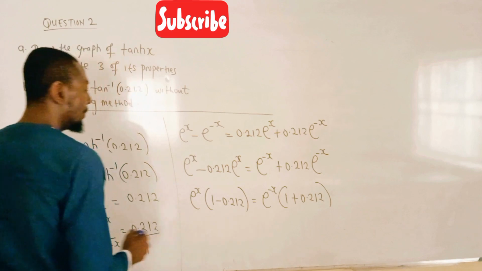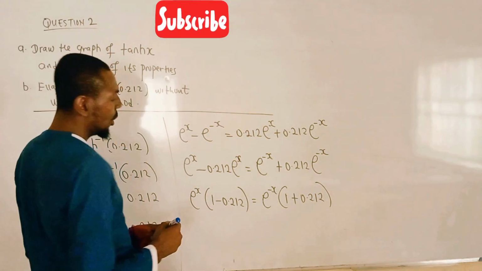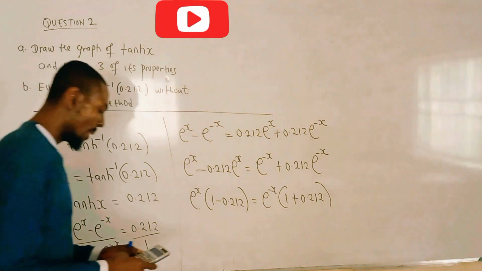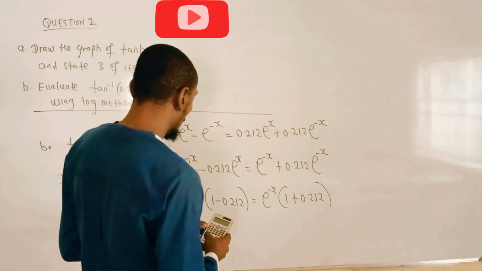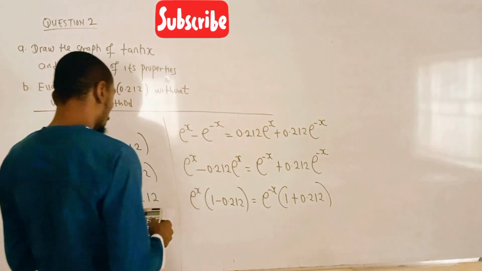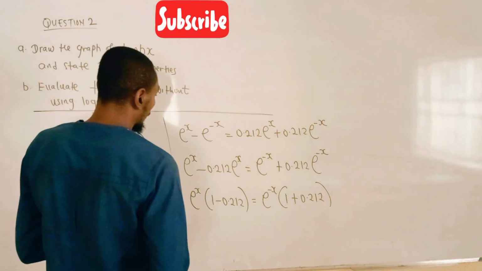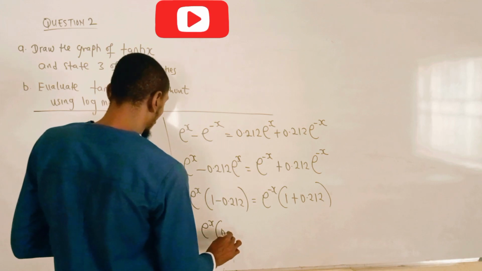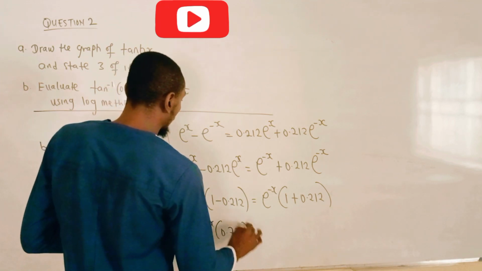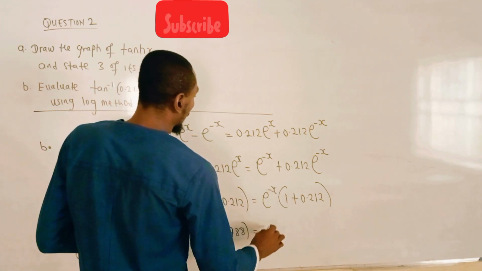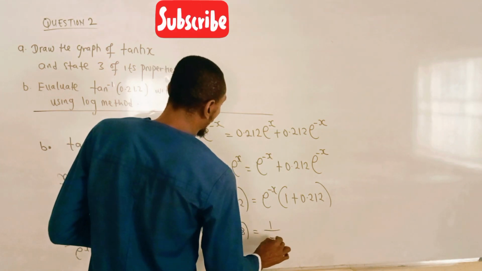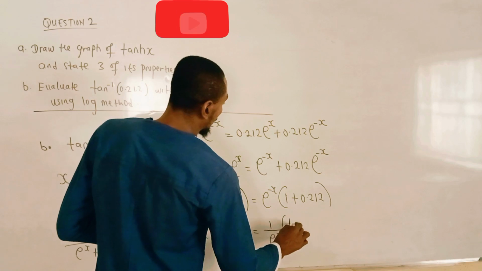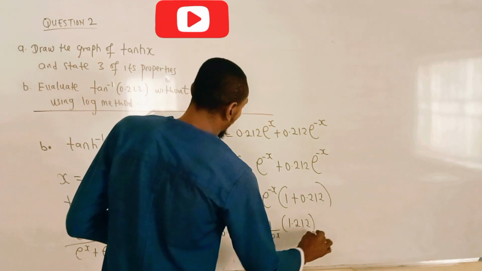We're going to subtract 1 minus 0.212. We're going to have 1 minus 0.212 will give us 0.788. We have exponential x into 0.788 equal to exponential this 1 over exponential x according to indices. 1 plus that is 1.212. Alright?